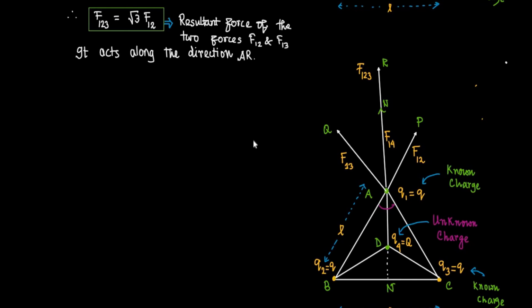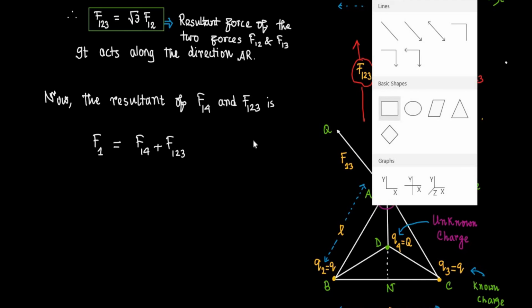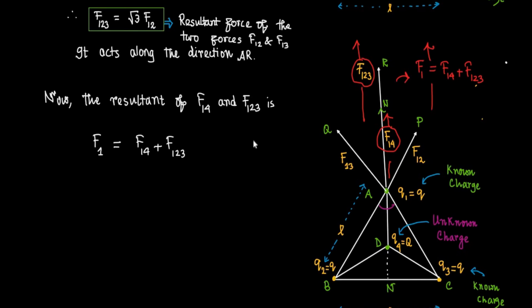In the diagram, the force F14 is acting along the direction AN, and F123 is also acting along the same direction, and the resultant of these two forces is F1, which is equal to F14 plus F123. Now the resultant of the two forces F14 and F123 is given by F1 equal F14 plus F123, because these two forces are acting along the same direction.